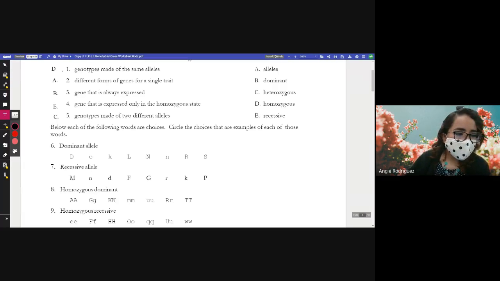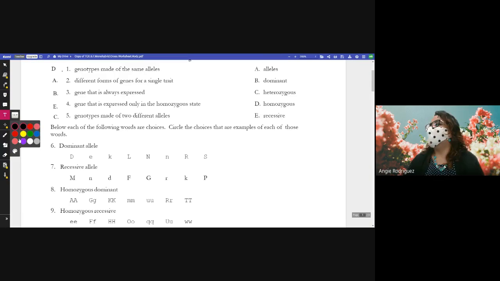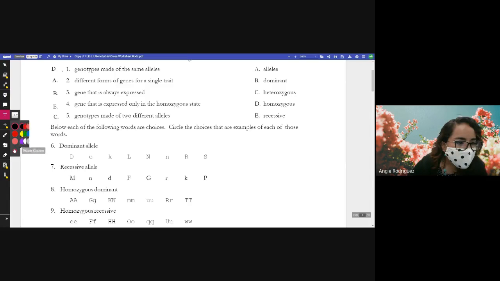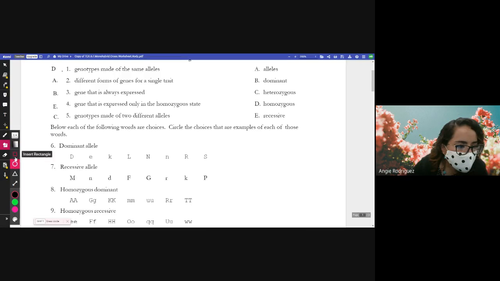Okay. Below each of the following words or choices, circle the choices that you think are correct. Let me use the circle option here. Okay, so number 6 is asking for the dominant alleles. In other words, circle the capitalized ones. So what am I going to circle here? Okay, very good, Leslie. I'm going to first circle the big D right here at the beginning.